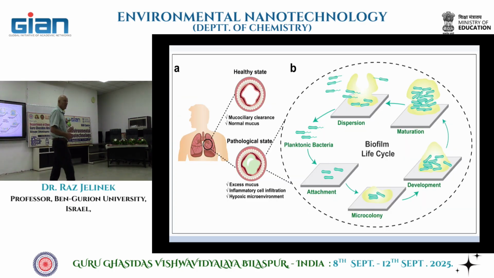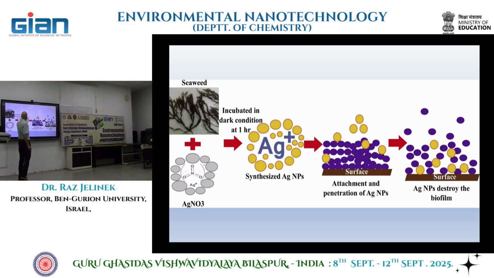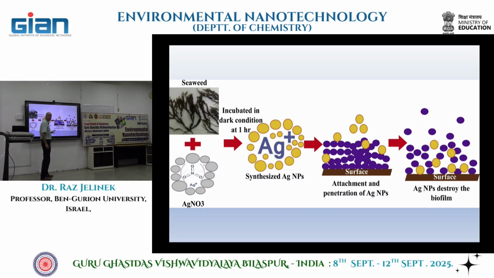Now, how can nanoparticles help us with the bacterial biofilm? This is another example of biofilm. The interesting thing is that some nanoparticles can penetrate this shield, this biofilm, and kill the bacteria even inside the biofilm. For example, the silver nanoparticle. Silver nanoparticles, surprisingly, can go inside the biofilm.